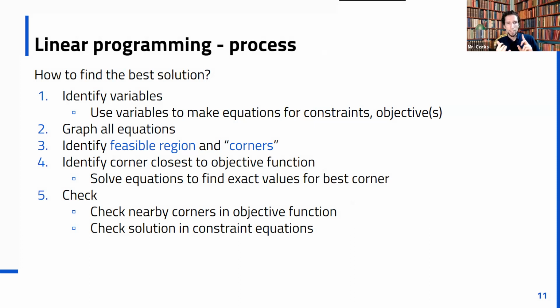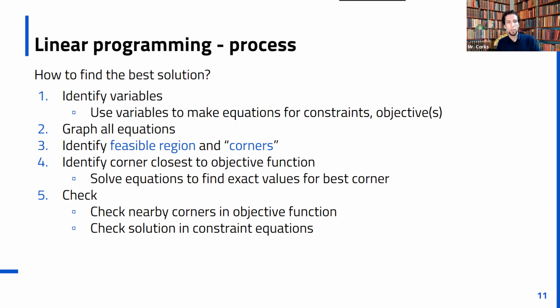So identify variables. What are the things that we get to play with and manipulate and choose? What are the numbers that we can change? Then use those variables to represent everything else, the constraints and the objectives. We need to be able to talk about everything in the problem in terms of the same variables. For us, it'll always be just two variables.